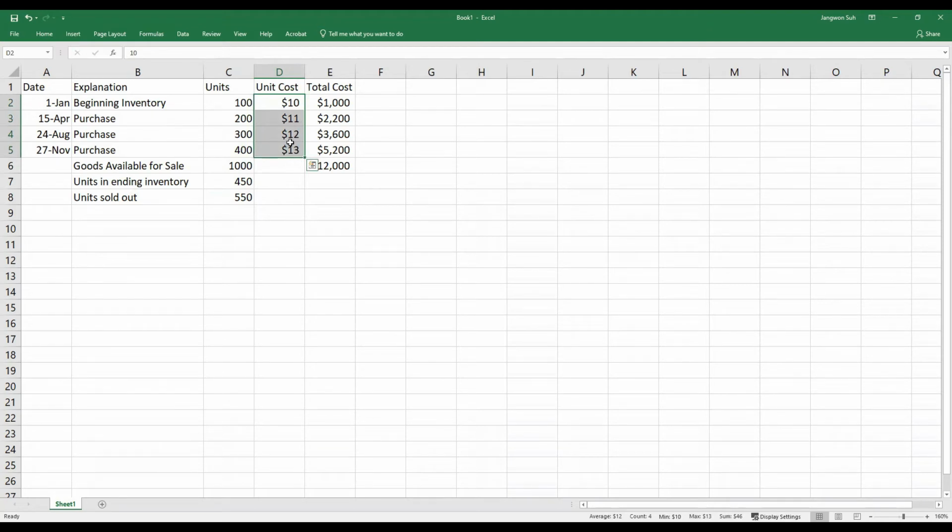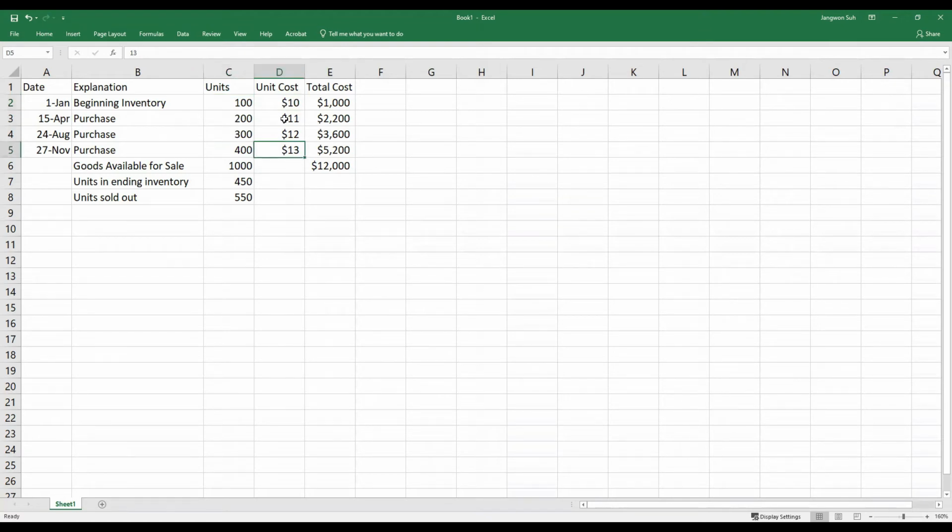But I would say that it's unfair, as how many tens are out there? Only 100s. While how many 13s are out there? There are 400. Wow, much more. Four times more than the 10s, right?